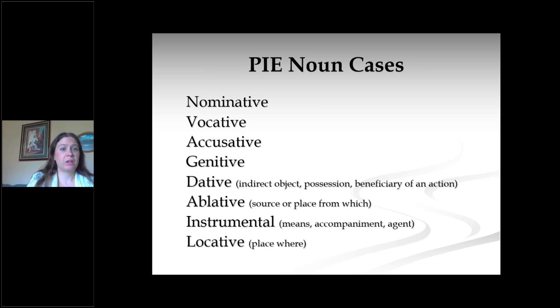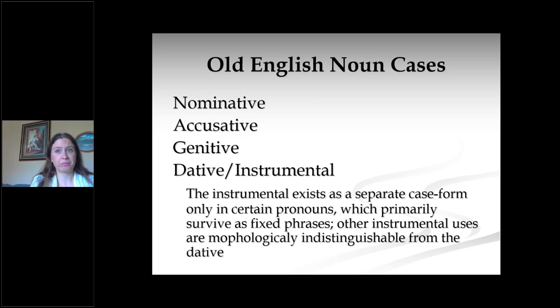And then by the time of Old English, the noun cases had been reduced to 4 with just remnants of a 5th case. So what remained was the nominative and the accusative, the genitive, and a dative/instrumental case. The vocative case got folded in with the nominative, and all the other cases, the locative, the ablative, the instrumental, all went together with the dative case.